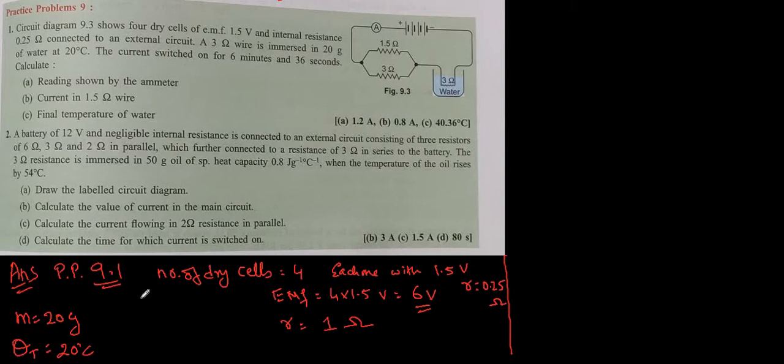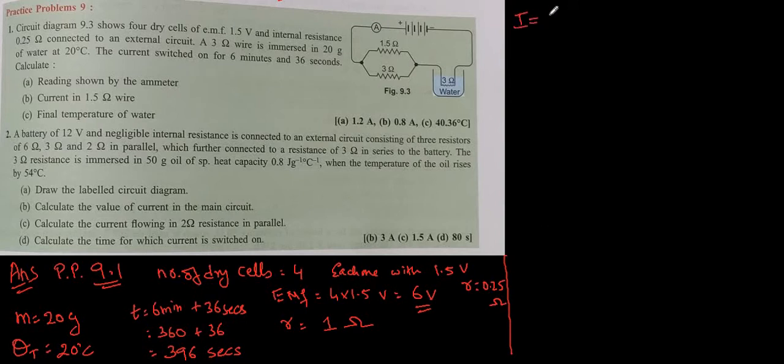The current is switched on for 6 minutes, so time is equal to 6 minutes and 36 seconds. So 6 multiplied by 60 is 360 plus 36, that is going to be 396 seconds.